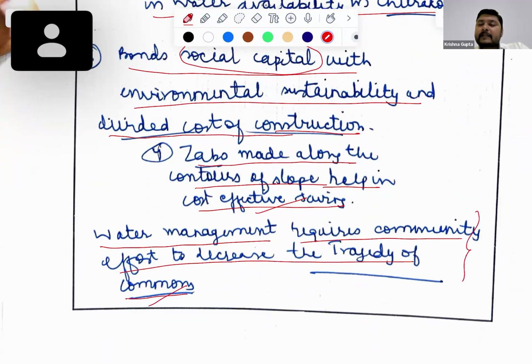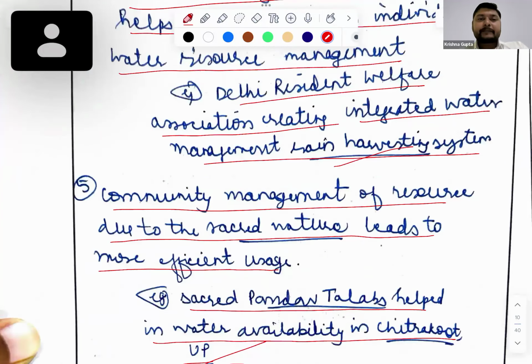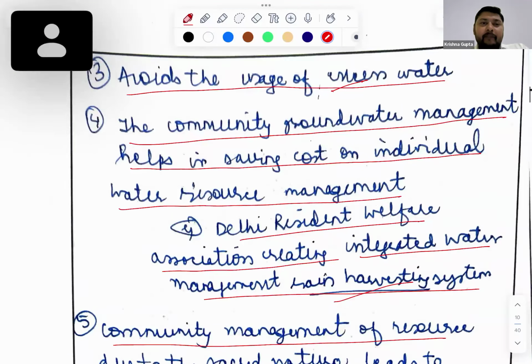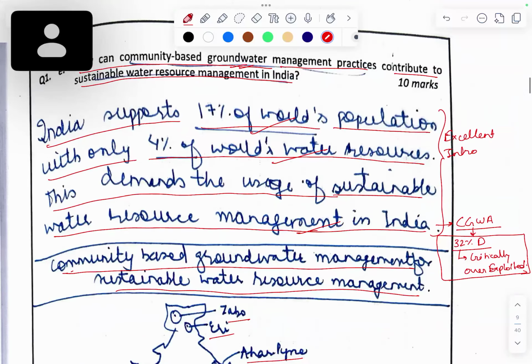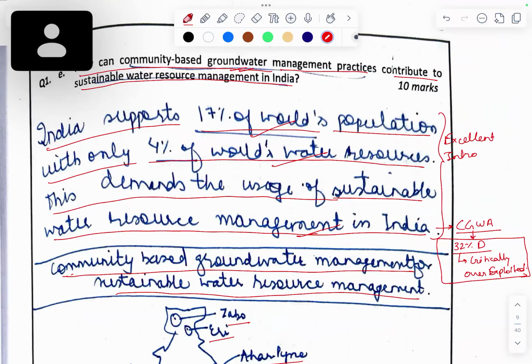Okay, the conclusion is good. But we haven't written any perspective here. So what perspective can be added? I think it's the ecocentric approach.